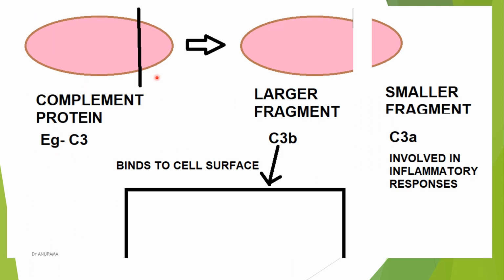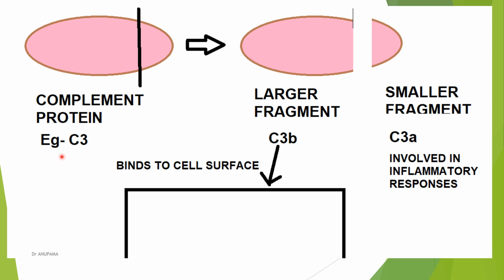Here we can see a complement protein. It is cleaved, resulting in a larger fragment and a smaller fragment. The larger fragment is enzymatically active and can bind to the cell surfaces.